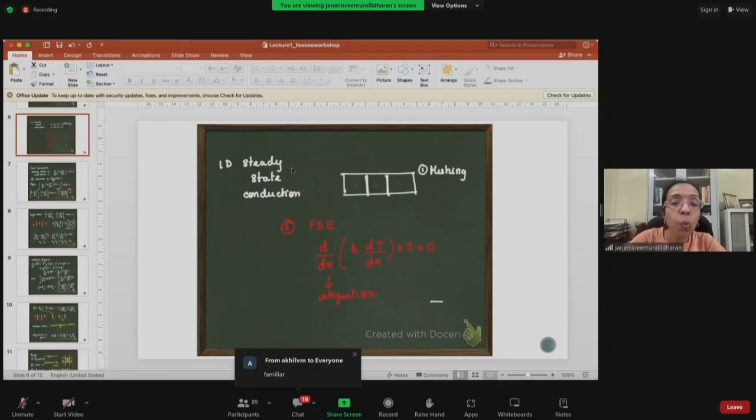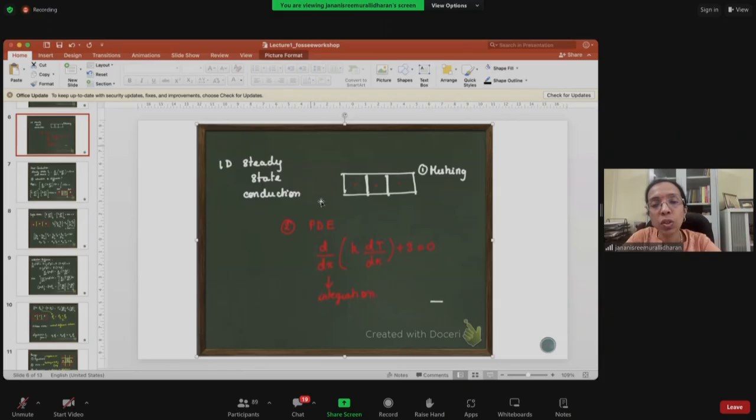Okay. So what we're going to be looking at today is a simple rod. Okay. And we're going to look at conduction through this. So what today John is going to show you is a solver called Laplacian form.